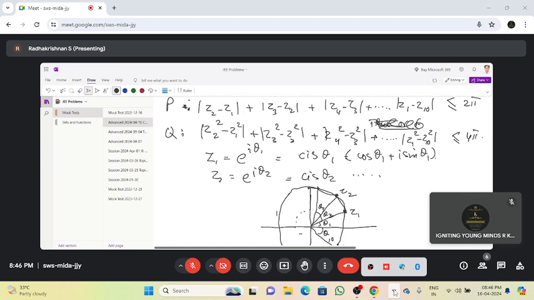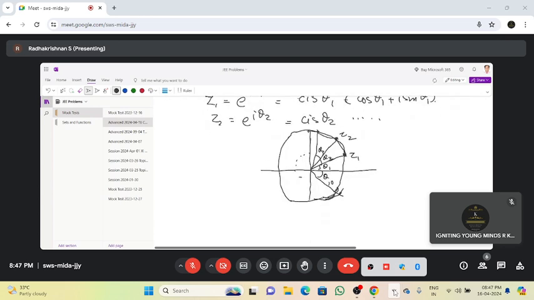So the sum of all that, means the sum of the sides of this shape, a 10-sided polygon, they are asking about its circumference. So they are asking whether it will be less than 2 pi or not.